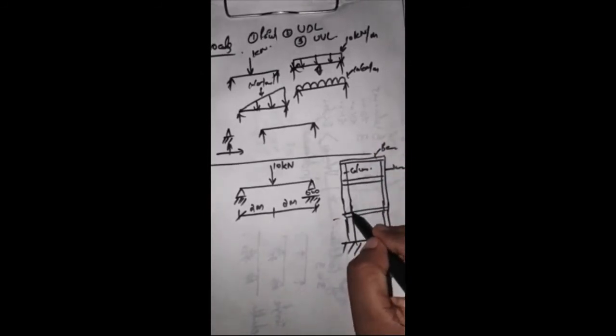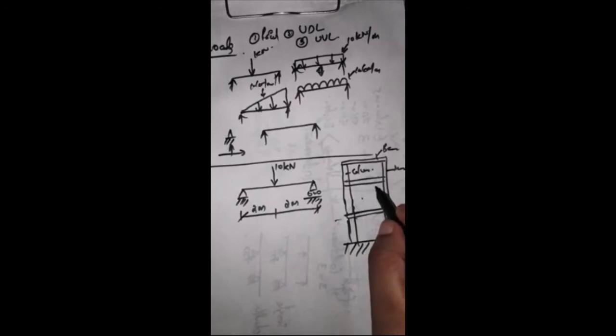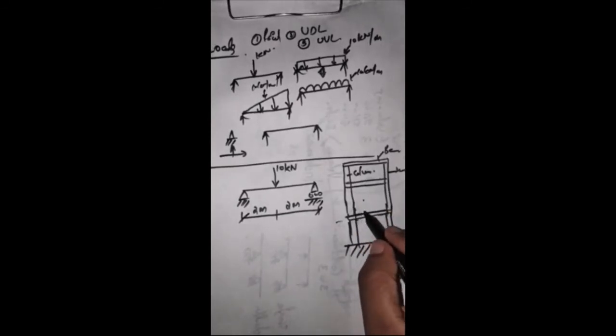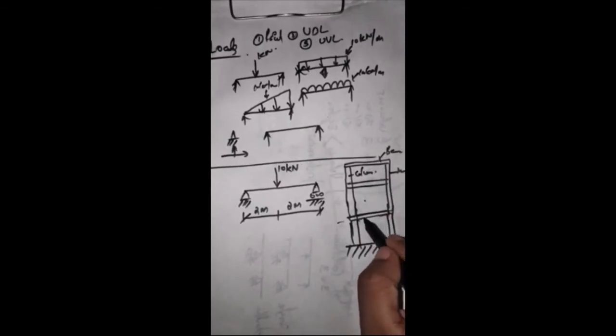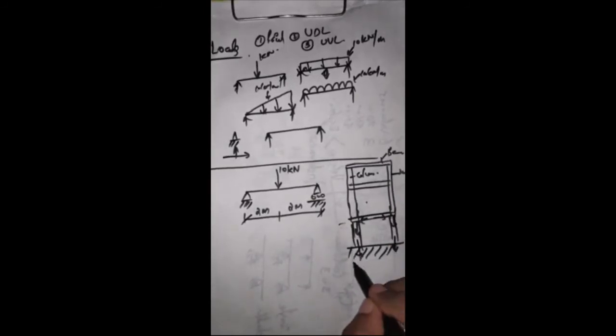In this beam, the force can be due to what all? Sometimes it is due to brick or stacking of some material, or due to the slab. The slab load will come first into the beam, then into the column, then into the footing and lastly to the soil.